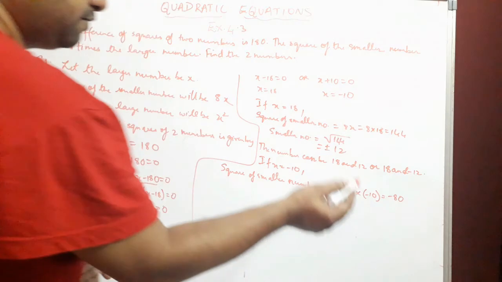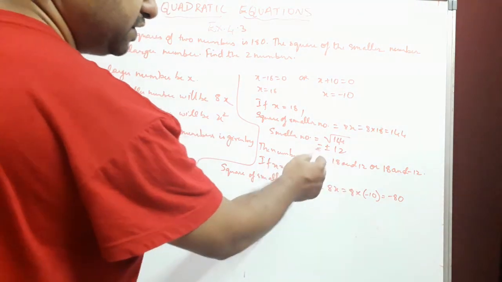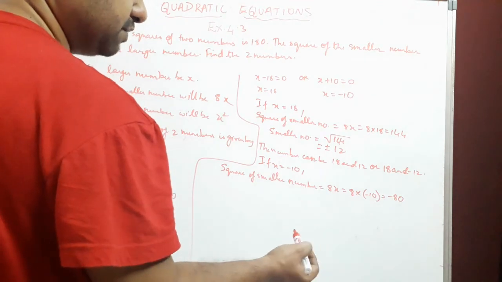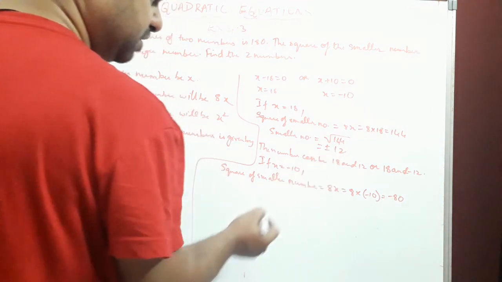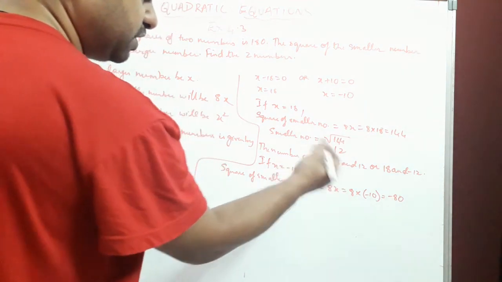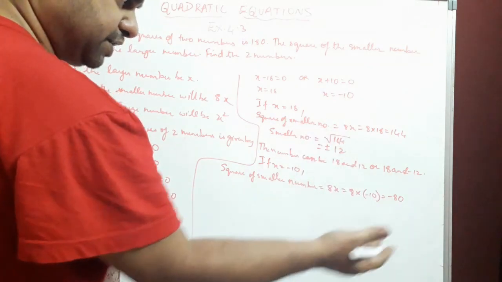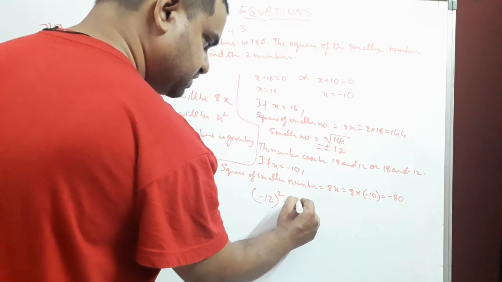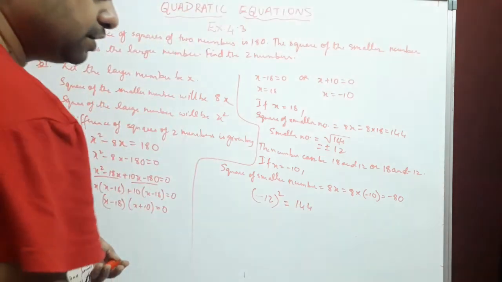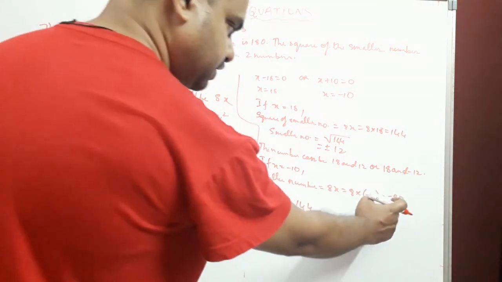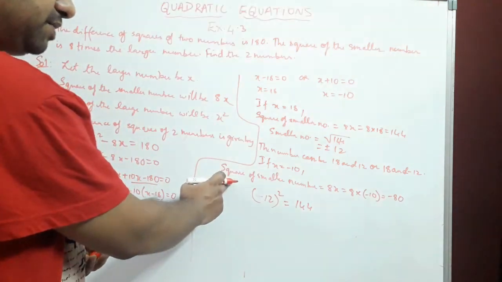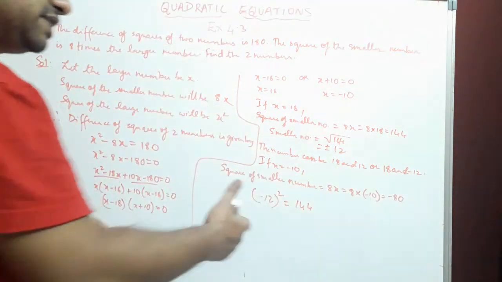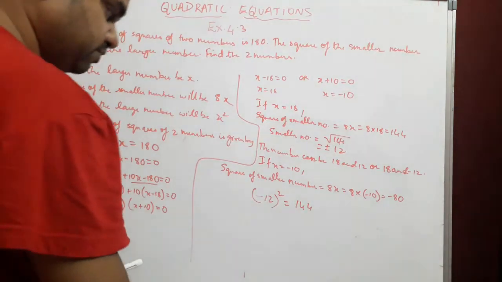But from a previous example, we have seen when we square a number, we don't get it as negative. It always becomes positive. Like for example, plus 12 squared will give us a positive number, and minus 12 whole square gives us positive 144. So over here, this value which we get is said to be the square of the smaller number, which is not possible. It can't be negative. It always has to be positive. That is why we rule this out.